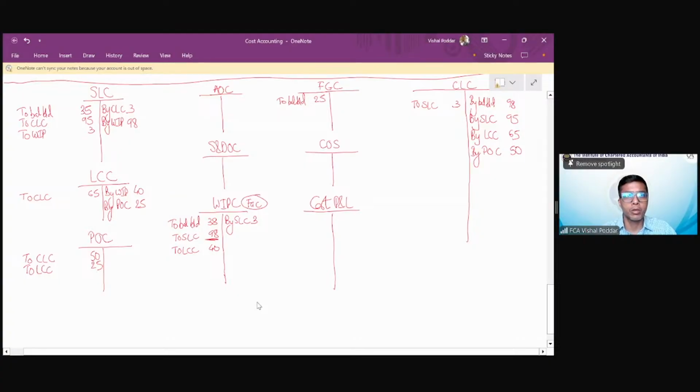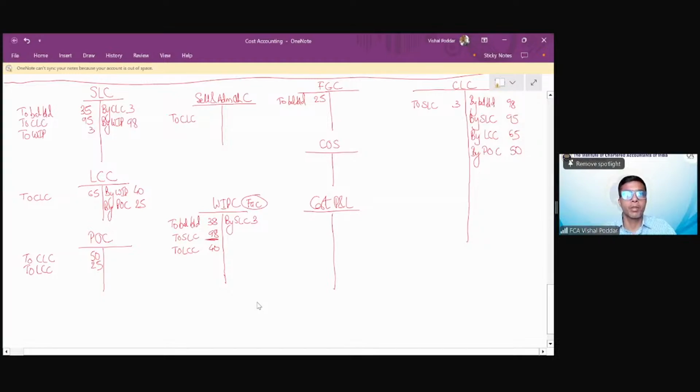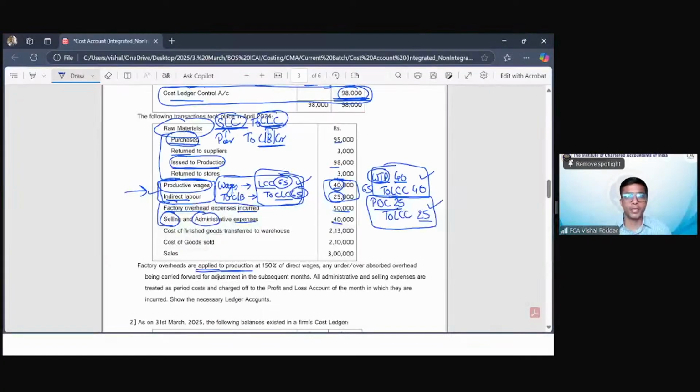The debit amount is 40. And in CLC, I will write selling and administration control 40. Fine, students. So I've also posted the entry for expenses incurred for overheads.